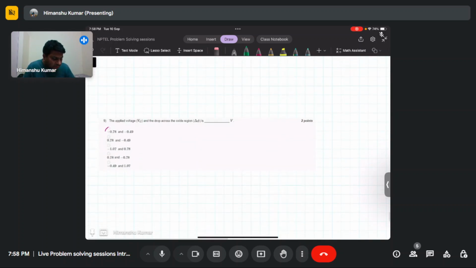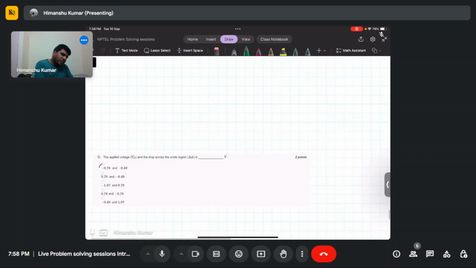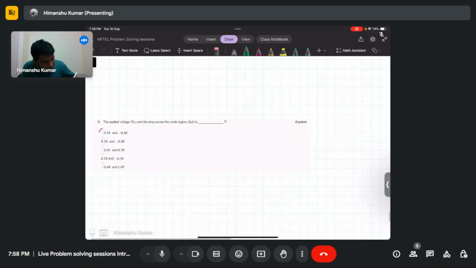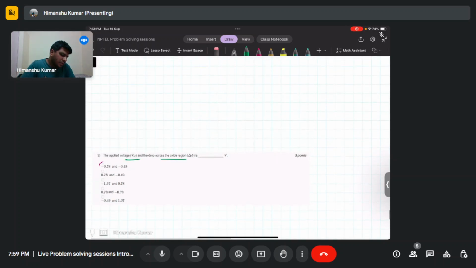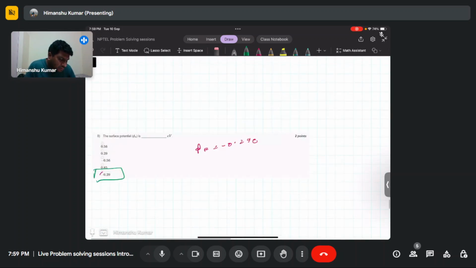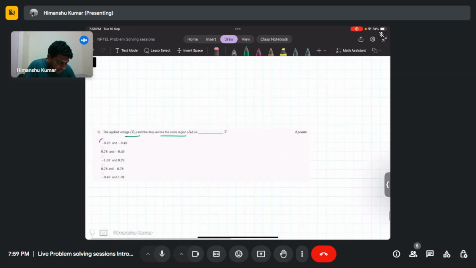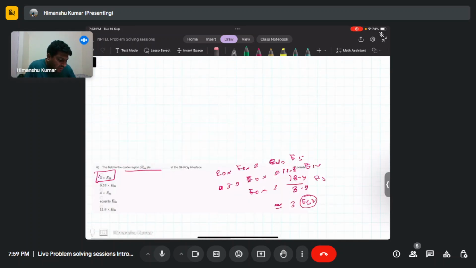And the applied gate voltage drop across the oxide region: you can calculate the electric field from this.